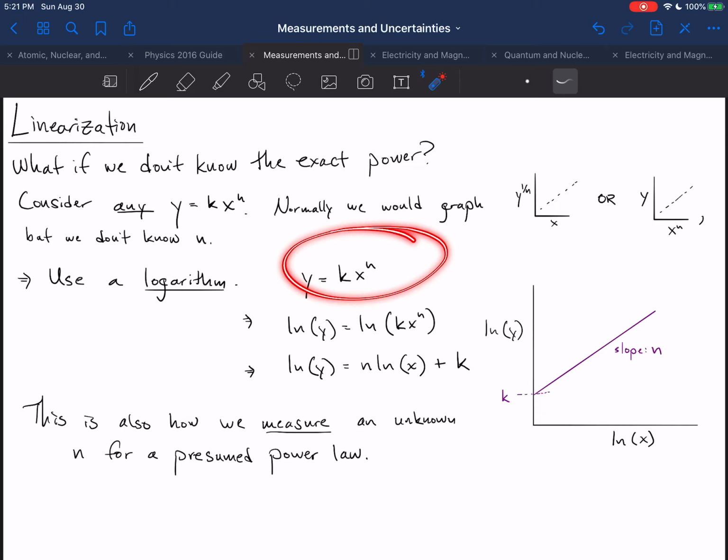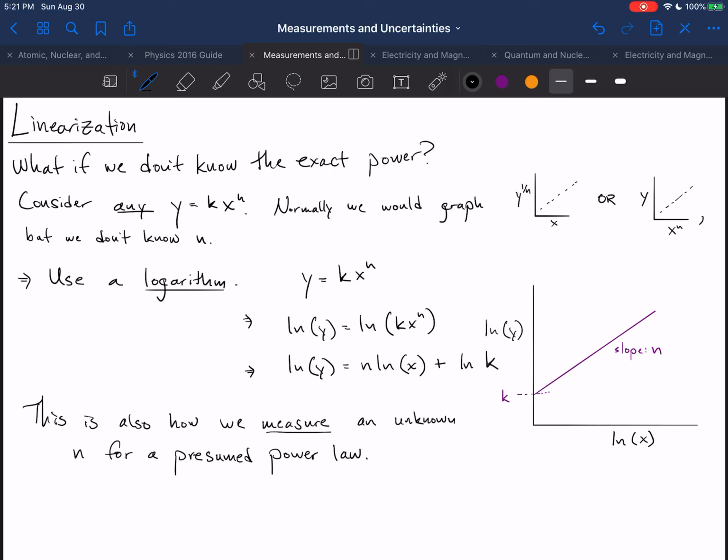Y equals k x to the n can be processed by taking a logarithm of both sides. So we take the log of y, and we take the log of k times x to the nth power. Notice that this is equal to log of y equals n times log x plus log k.